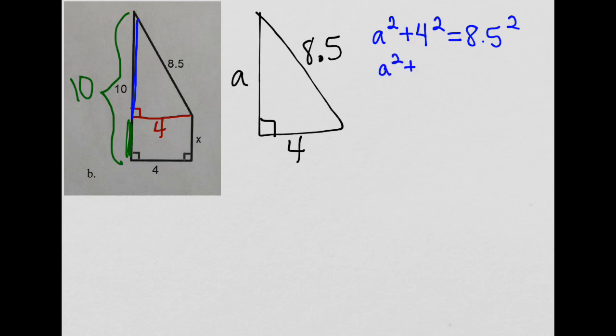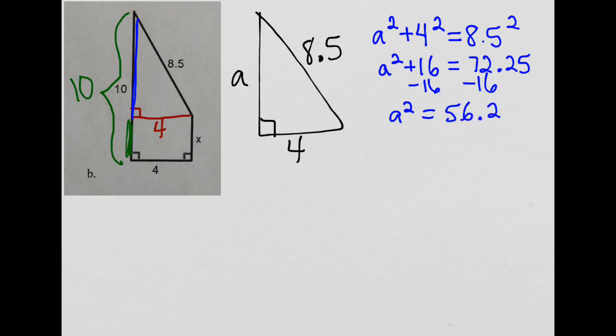So let's square those numbers. That's 72.25. Subtract the 16 over. 56.25.